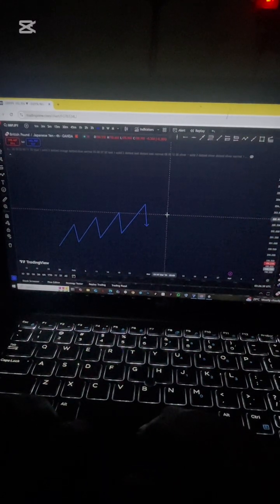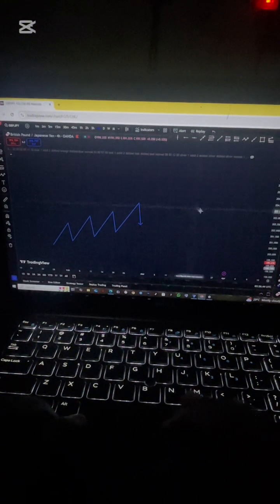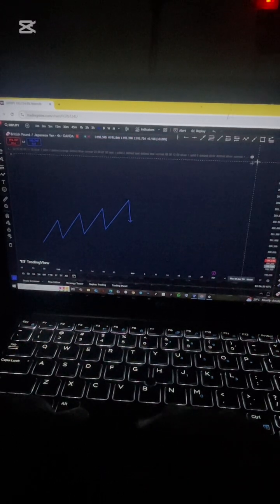So this is what we know the market for, guys. We know the market for creating a series of higher highs and higher lows when in an uptrend, and a series of lower lows and lower highs when in a downtrend.